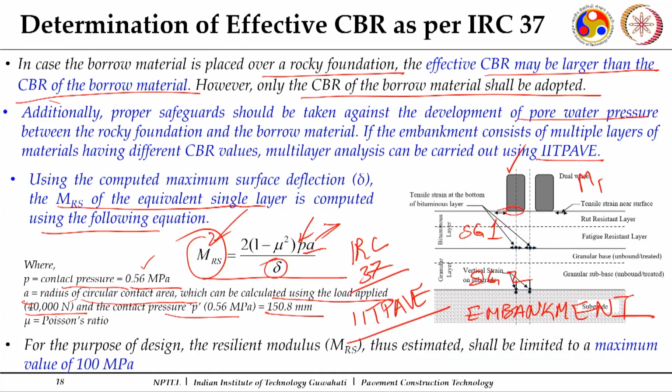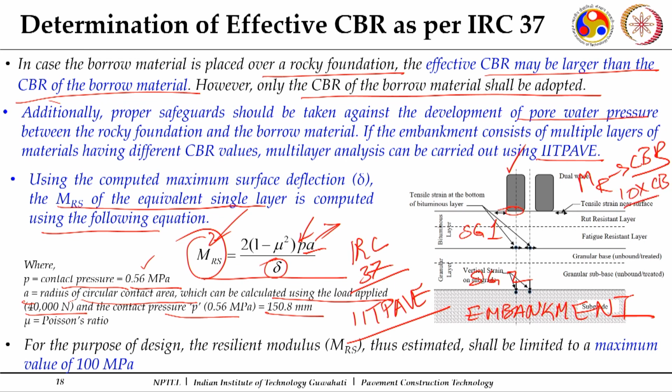And finally, you can go by the empirical relationships given to correlate your MR with the CBR. As we have seen, if CBR is less than or equal to 5%, MR is 10 times the CBR value.